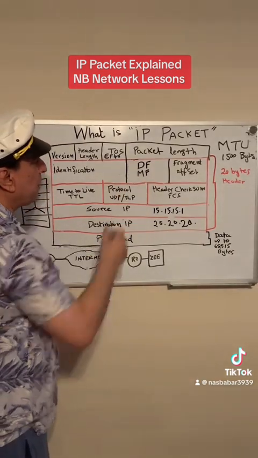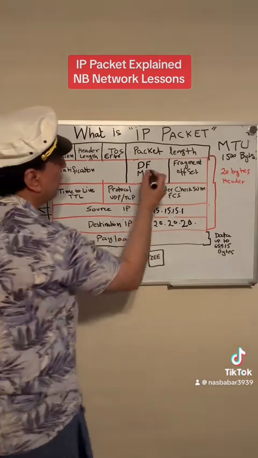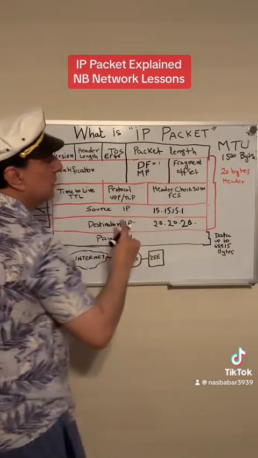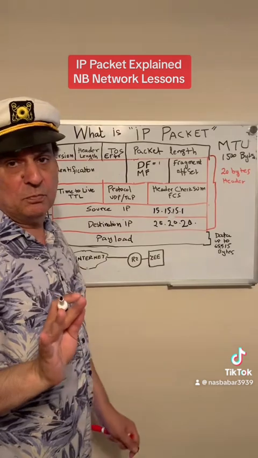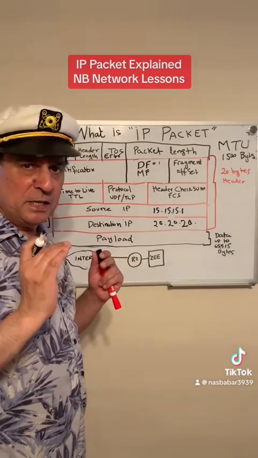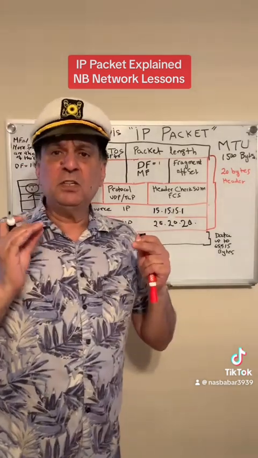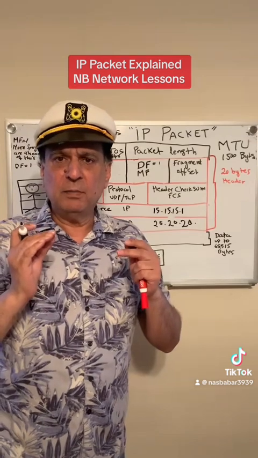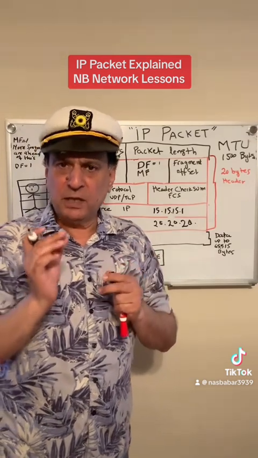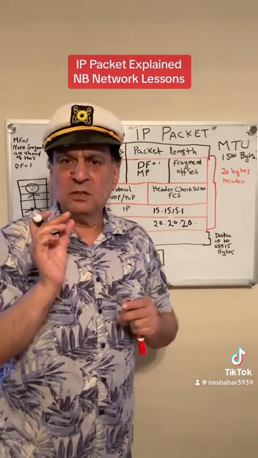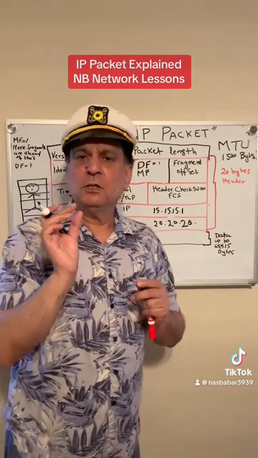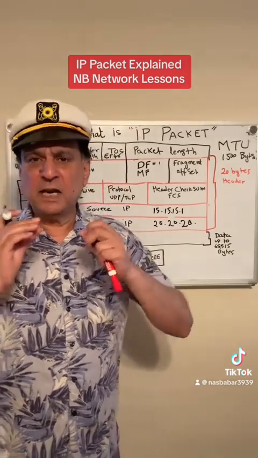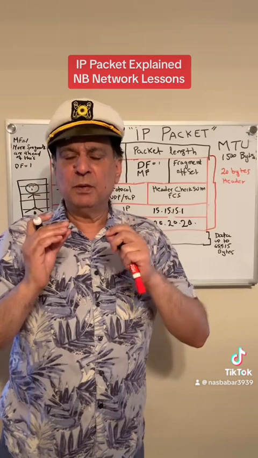One is don't fragment. If you have don't fragment equal to 1, it will not fragment. Whatever packets are coming in, if they exceed the MTU size, maximum transmission unit size, every router has a maximum transmission unit size. In other words, that's the maximum it can send.